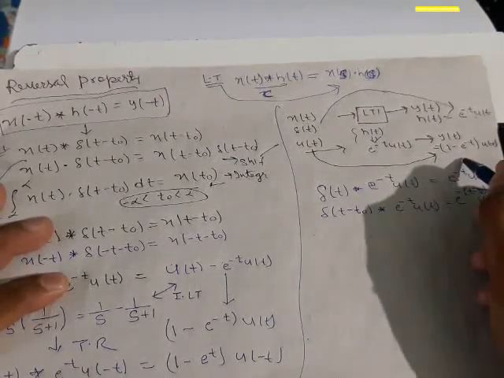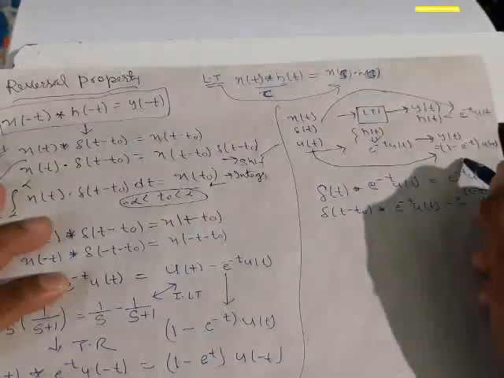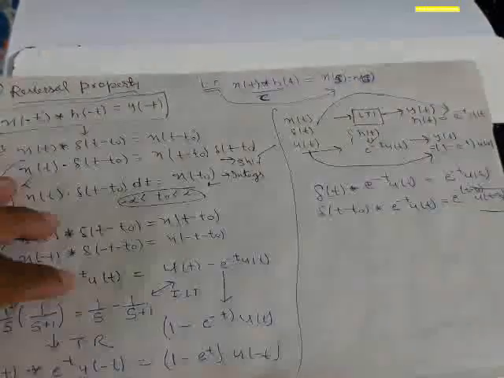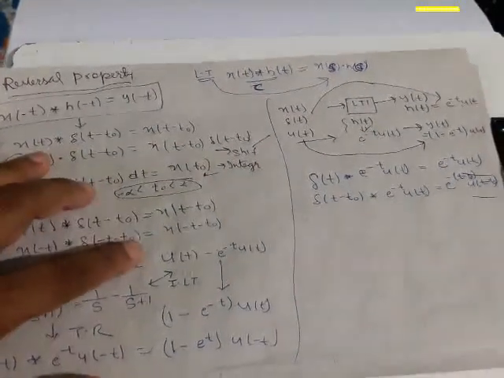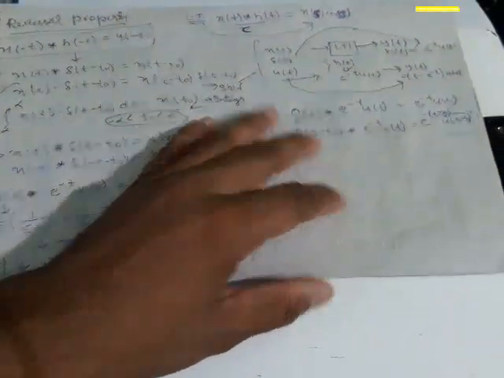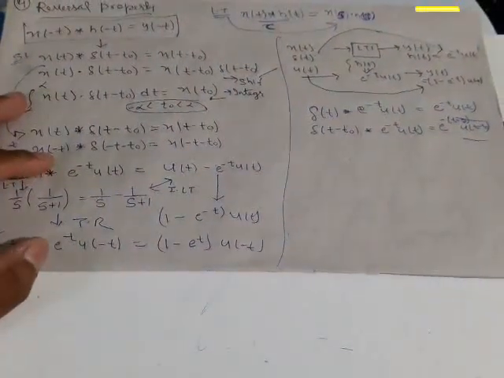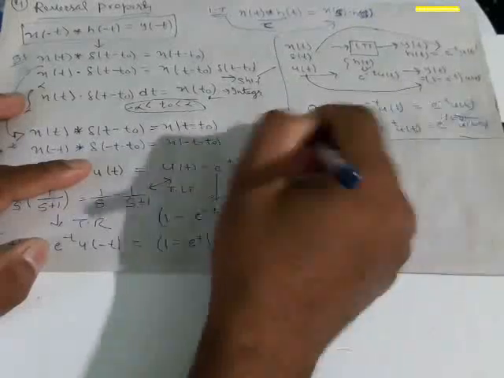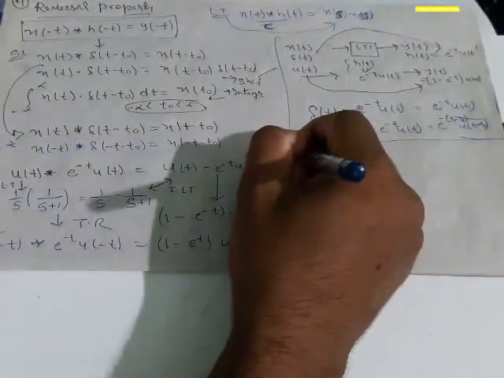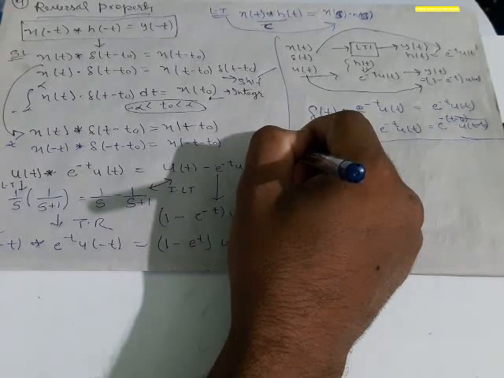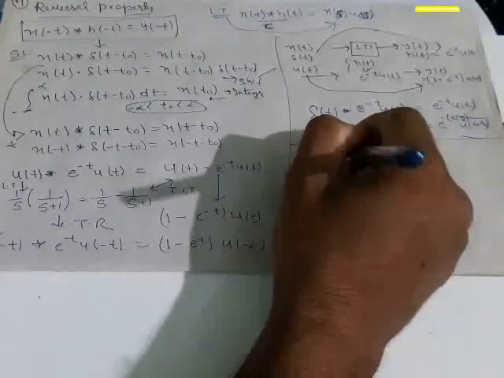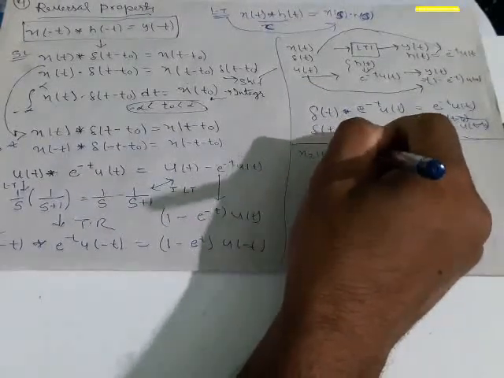So we can write that r of t is nothing but this. If we give the x3 input to the LTI system, we get y3, and the impulse response h of t is nothing but u of t. Then of course we will get y of t, which is the integration from minus infinity to infinity of x1 of tau d tau.